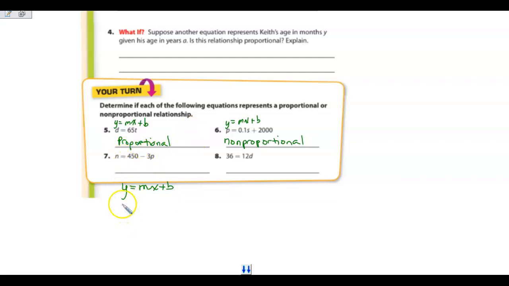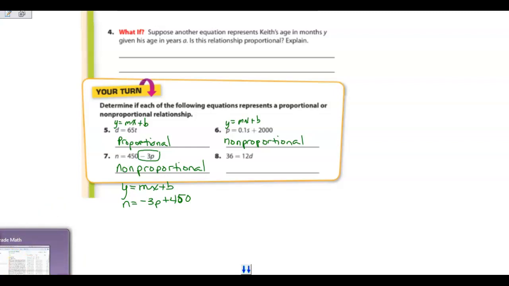So if I use my n representing my y, and then this whole section here would be my slope and x, so that would be negative 3p, and then positive 450. Is this proportional or non-proportional? If you said non-proportional, you are correct.